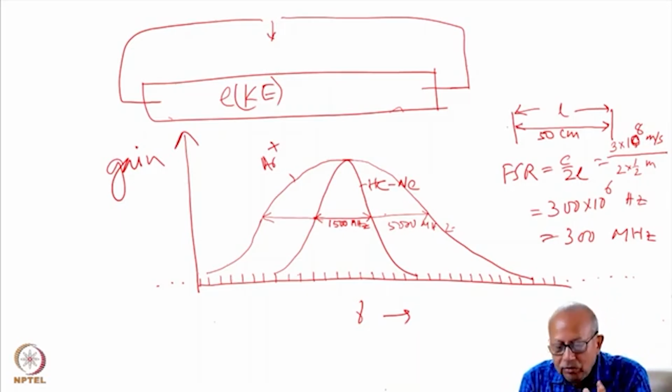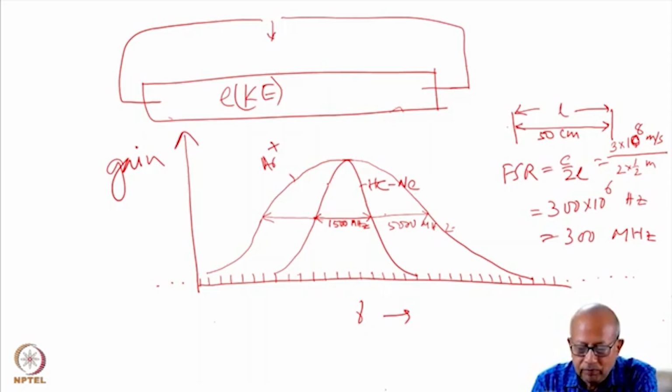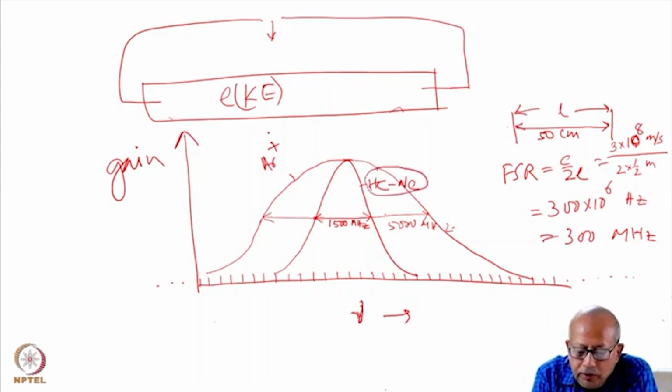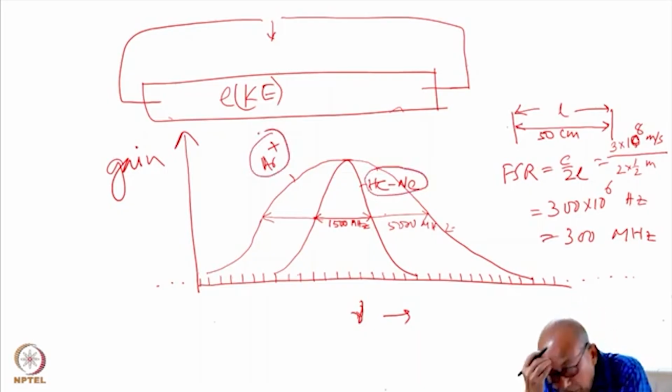So now, these are the gains, and this is frequency. Now we ask the question, how many modes will lase for the operation of helium-neon laser, and how many modes will lase in the operation of argon?